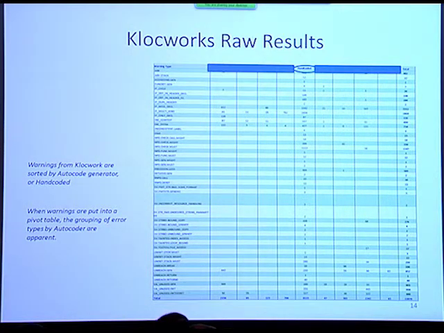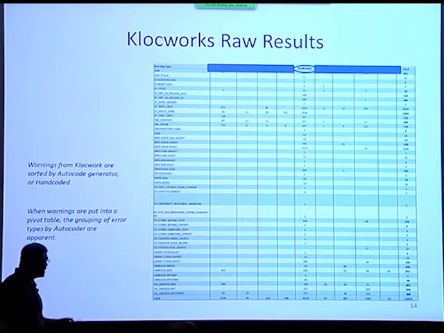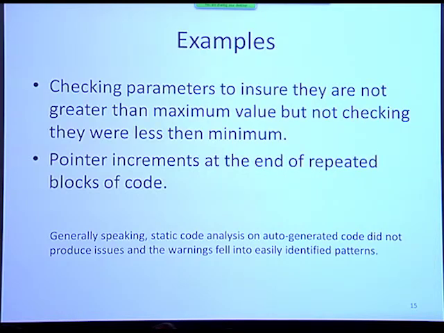Now, a lot of times with hand-generated code, you've got to check every single warning that comes out because any one of them could possibly be real. If you only get a 5% hit rate, you can't do a sample of 10%. You have to look at everything. But with the auto-generated code, you could actually check out samples of these pockets to see if the pattern was really relevant to something. A nice time saver. Some of the things that we did find.